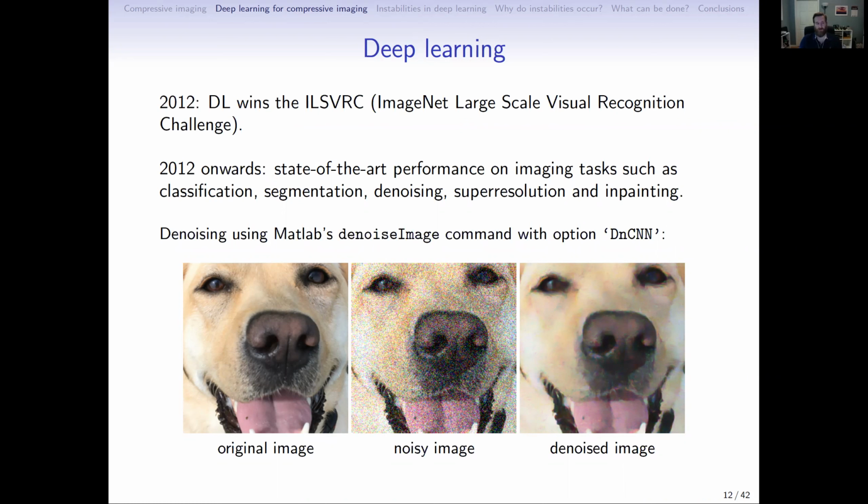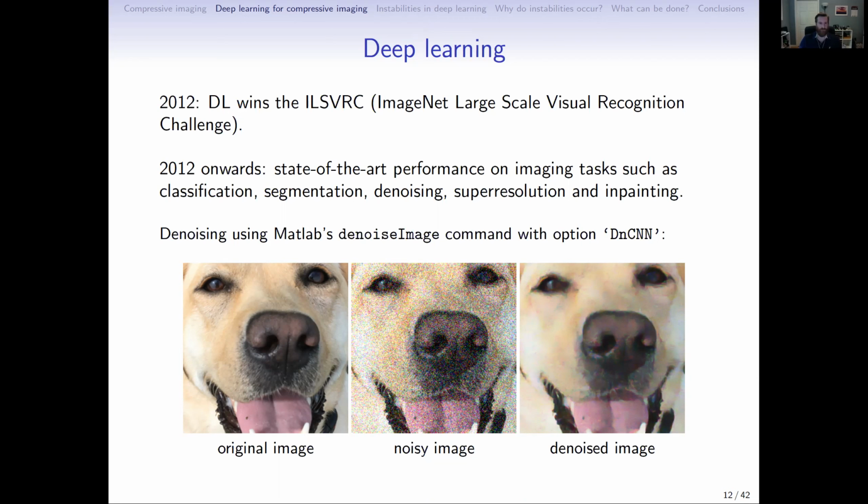The modern deep learning renaissance began around 2012, where famously deep learning won the ImageNet Large Scale Visual Recognition Challenge. This is an open competition using the ImageNet database for image classification.